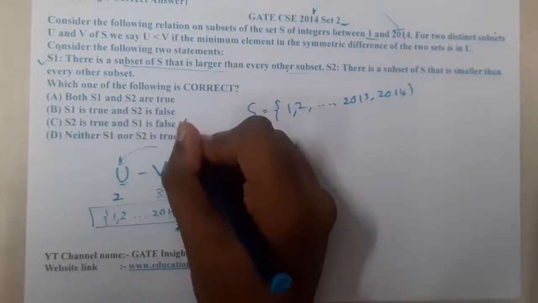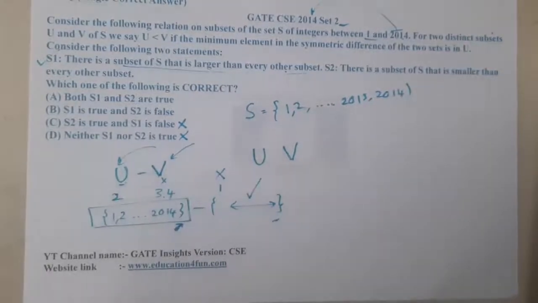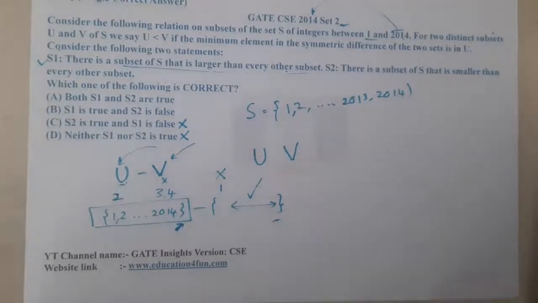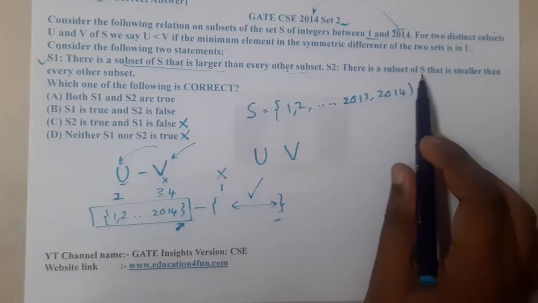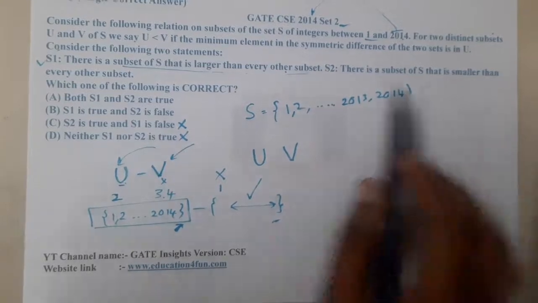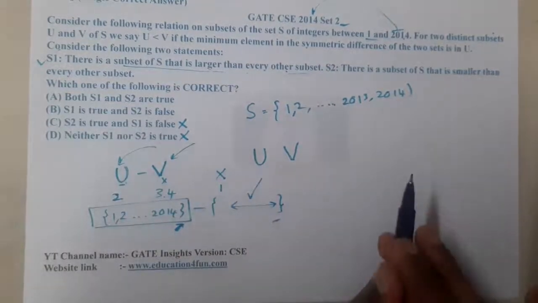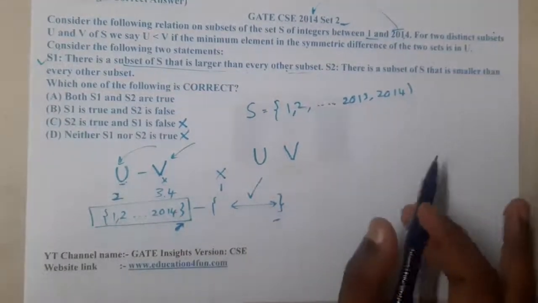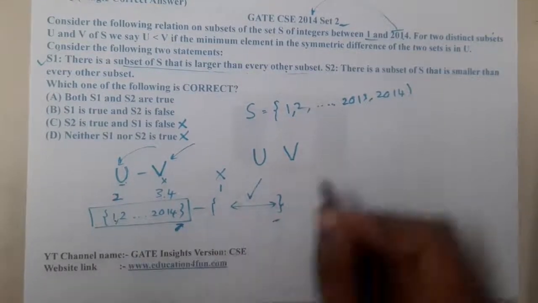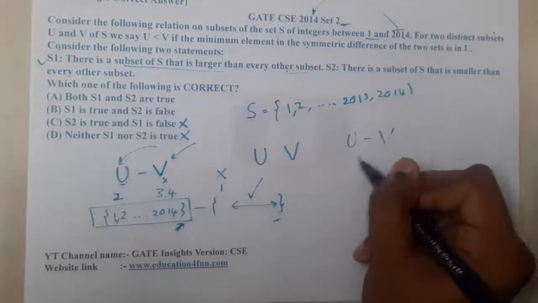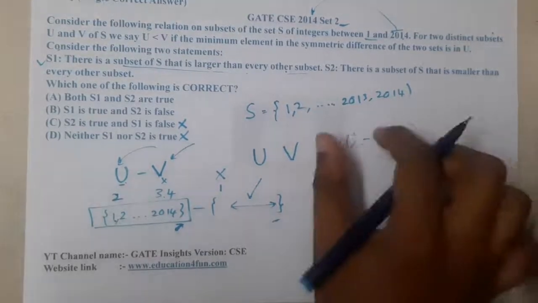With that understanding we can eliminate options C and D. Moving on to S2, which says there is a subset of S that is smaller than every other subset. Here we are talking in terms of the smallest subset, but there is one rule: the first set U should mandatorily have the smallest element in the particular list.